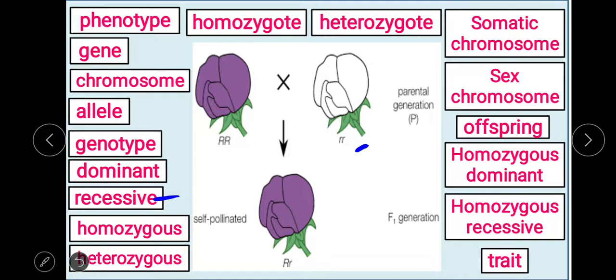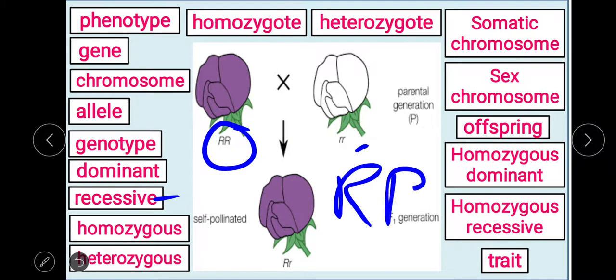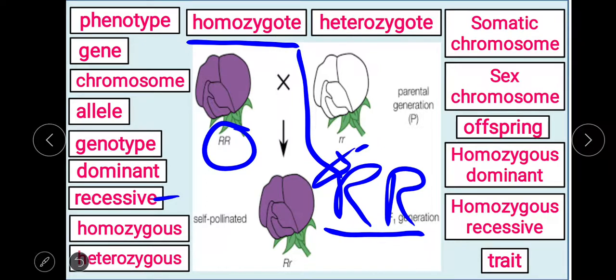Okay? Now, let us also understand homozygote and heterozygote. When we say homozygote and heterozygote, this refers to an individual. A homozygote individual refers to an individual having the same alleles in their genotype, a homogeneous genotype.